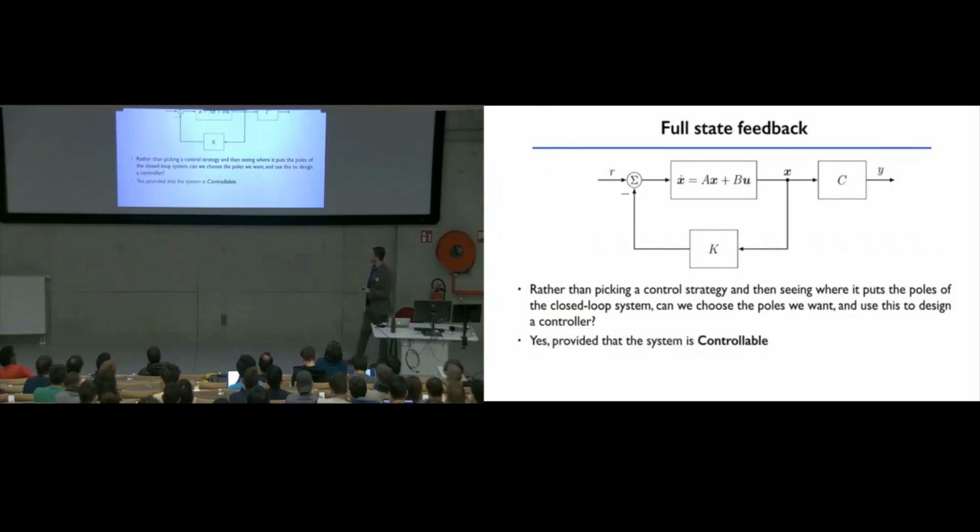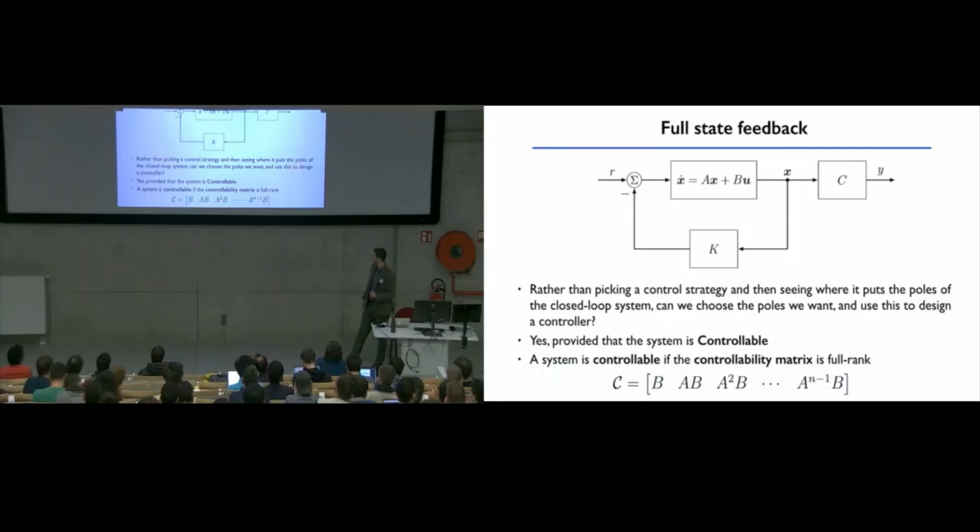And the answer is yes, provided that our system is what we call controllable, which means that, through our control law, we're able to drive the system to whatever state we desire.